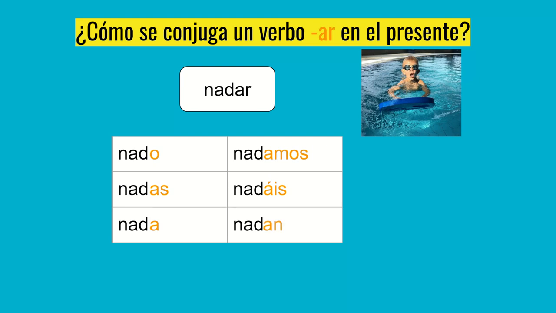So yo nado would mean I swim. Tú nadas. You swim. Él nada. He or she swims. Nosotros nadamos. We swim. Vosotros nadáis. You all swim. And then ellas nadan. They swim. Or you all swim, right? So that's how you would conjugate a verb that ends in AR.